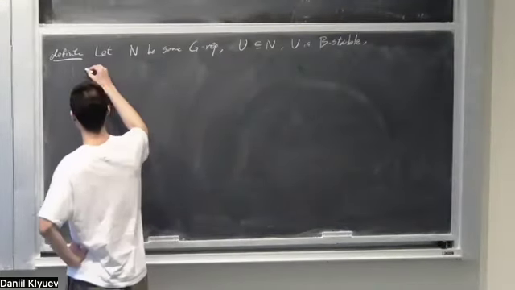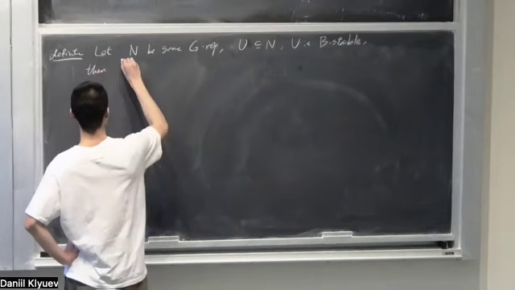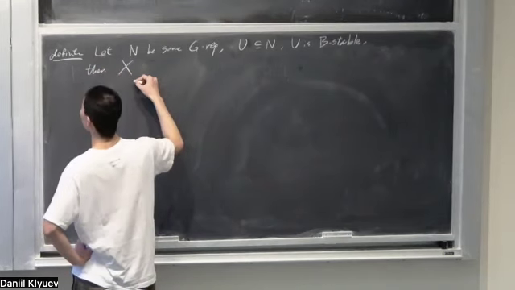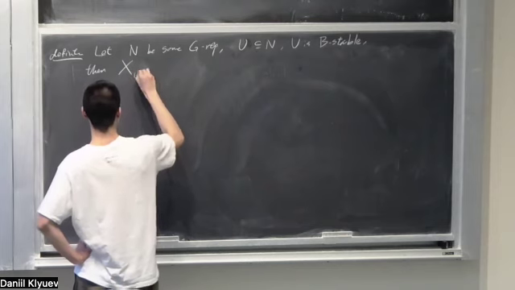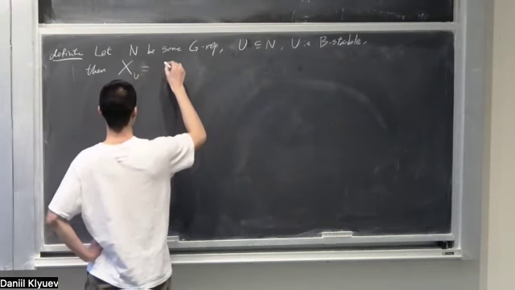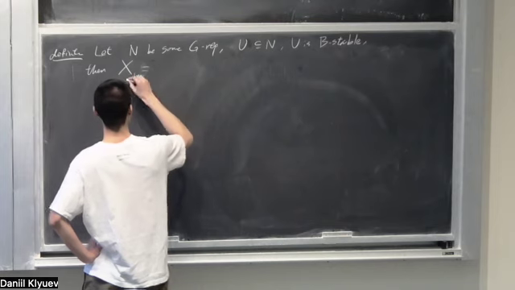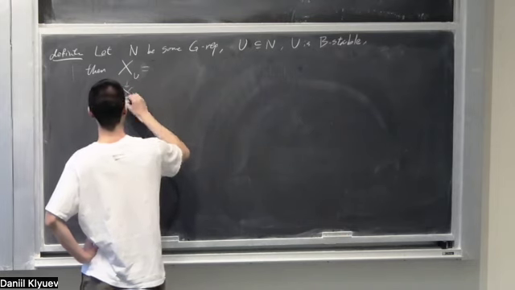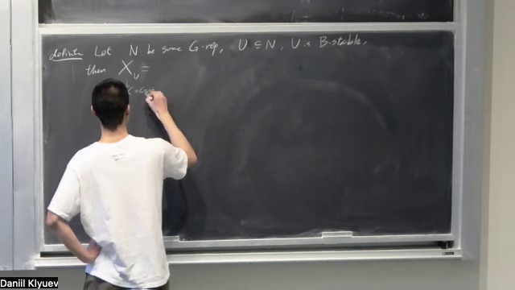Then this thing, again this is the flag variety, is a vector bundle over X, or over the flag variety.